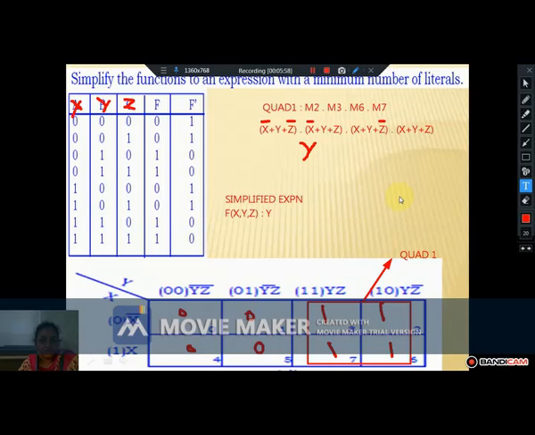Hope you have understood this. First we have done for f, that is m2, m3, and then this is 4, 5, m6, m7. So we have taken m2, 3, 6 and 7.